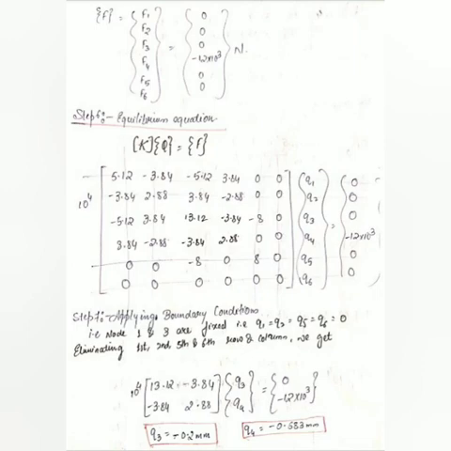Similarly node 3 is fixed, so eliminate row 5, row 6, column 5 and column 6. By applying that boundary condition, we get the displacements at node 2, that is Q3 equals minus 0.2 mm and Q4 equals minus 0.683 mm. These are the displacements at node 2.